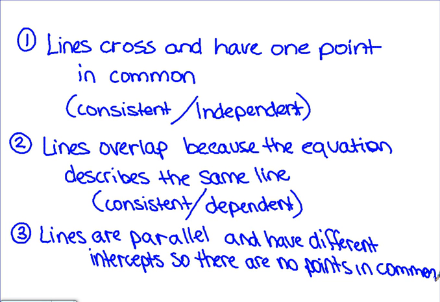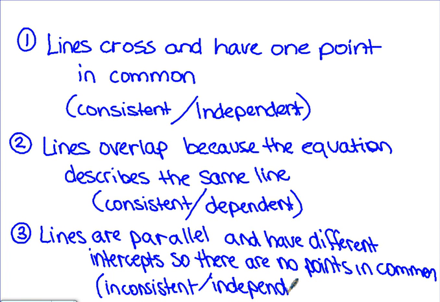If there are no points in common to the lines, that means that there is not an ordered pair that would be able to satisfy the equation. If there is no solution, it's going to be inconsistent. And since there is no solution, they're not going to be dependent on anything else, so they're also independent. So this gives you the three options and tells you what category they fall into.